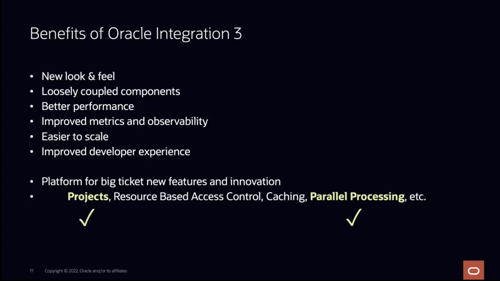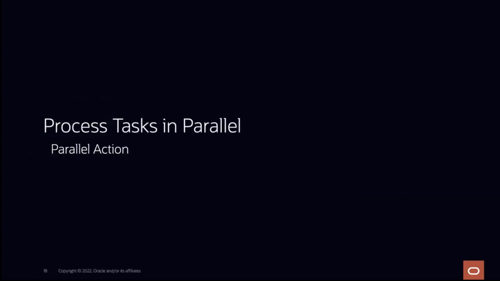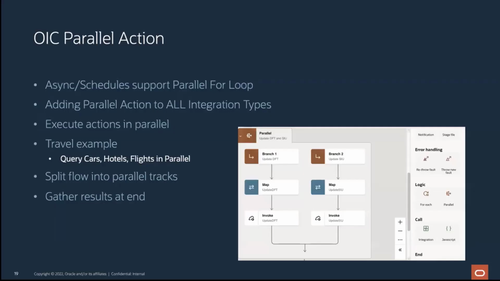So let's go into the overview of parallel tasks now. As I was saying, in OIC Gen 3, the big-ticket item is that you can get to a point in an integration where you say, I don't care if action 1 completes first, and then I have to wait, and then go to action 2, wait for it to complete, and then go to action 3.